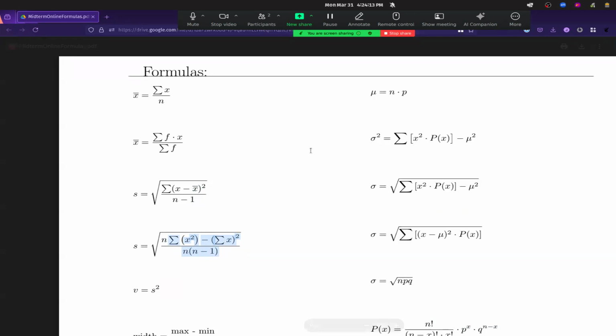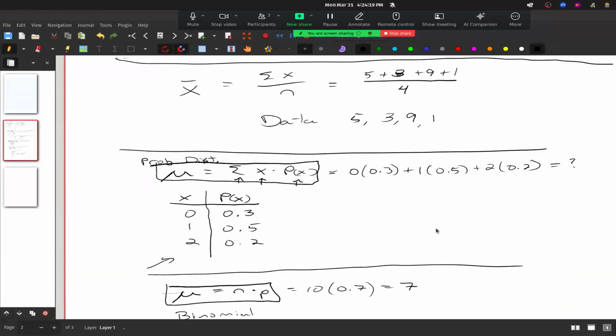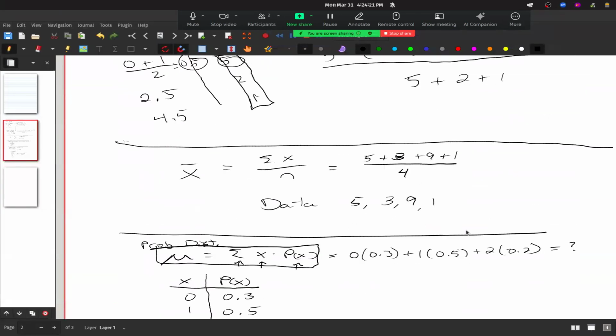So if I were to go back up to my problems here, that standard deviation formula would be akin to this, where you just have some data and you need to calculate the standard deviation for that data.